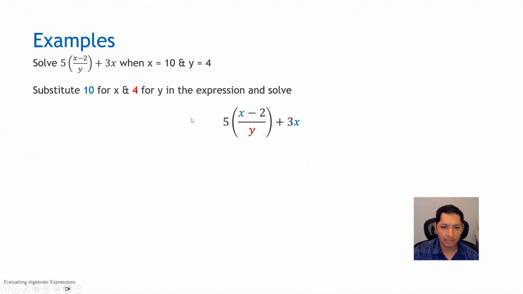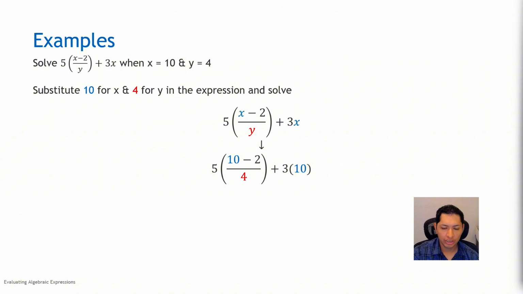So the expression that originally looks like this, when substituting in the correct values for the correct variables, looks like 5 times (10 minus 2) over 4, plus 3 times 10. I color-coded each number for easier visibility. Solving this, we'll solve the top part of the fraction first: 10 minus 2 becomes 8.